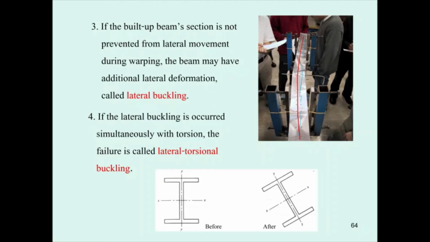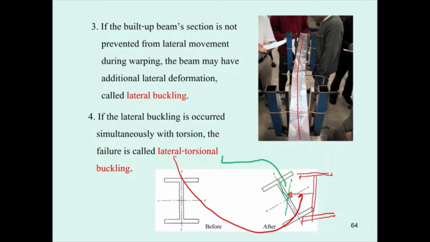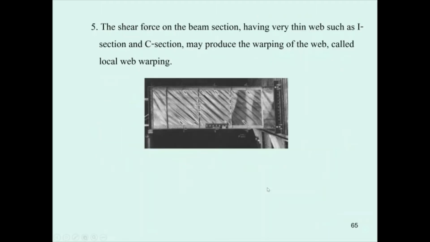That means before this you have the beam lying here, under the force, and then your beam moves laterally, and it also twists from the vertical like this. This is called torsion, this is twisting.